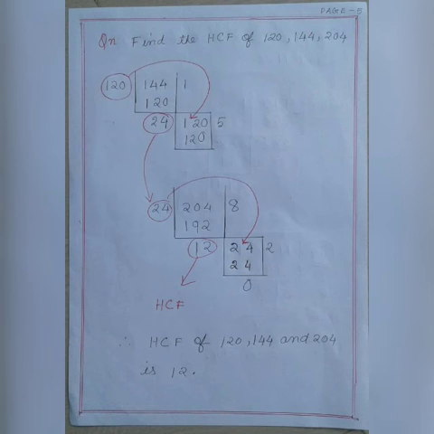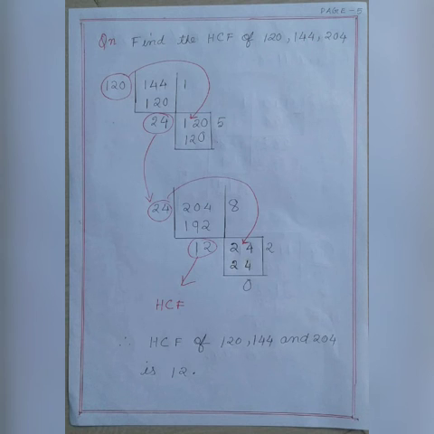This 24 I shall use in the division method to find the HCF of 24 and 204. If I divide 204 by 24, I get 8 as quotient and 12 as remainder.